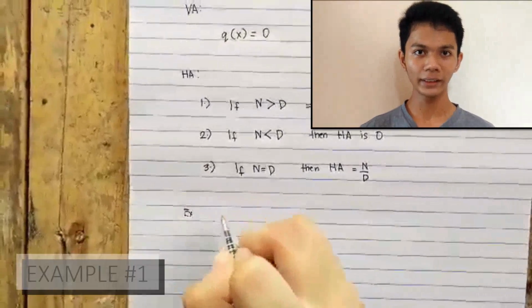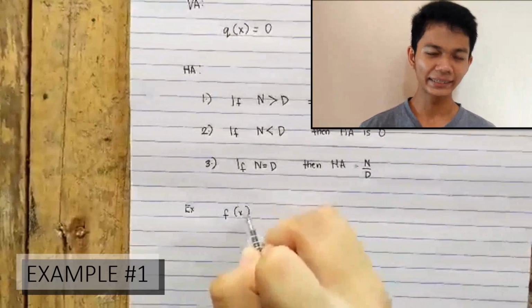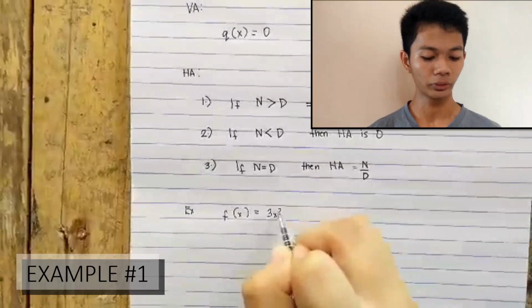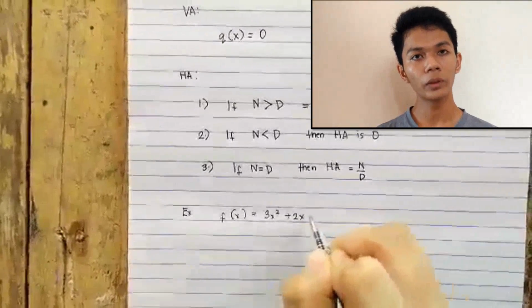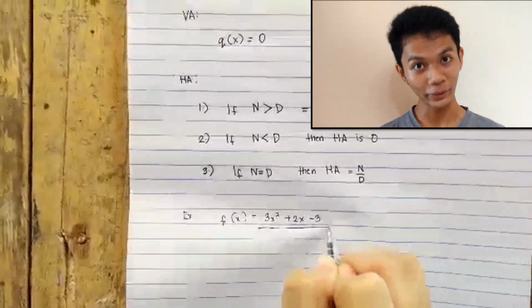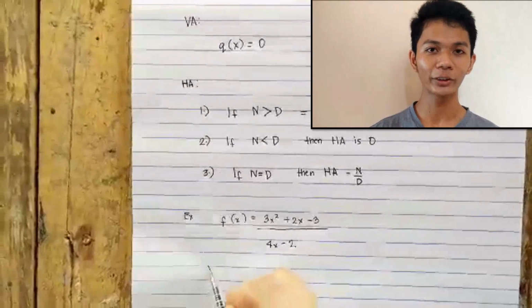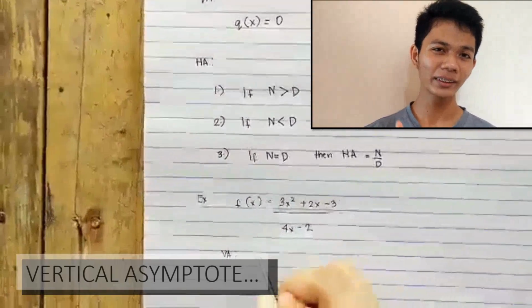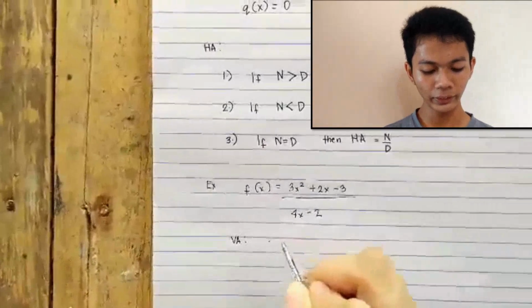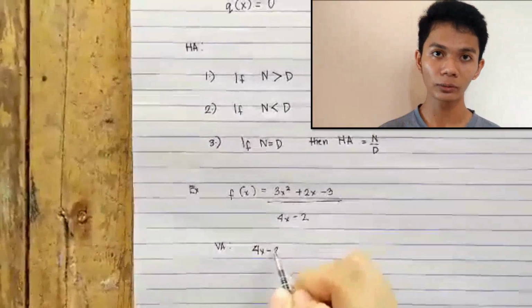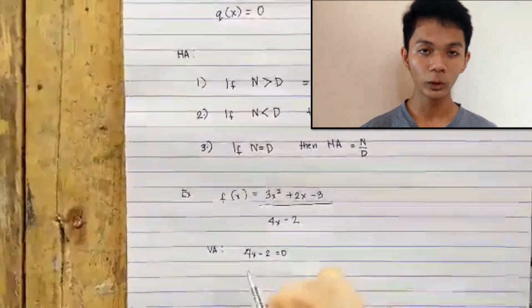Now let's have examples. Let's say that f of x is equal to 3x squared plus 2x minus 3 over 4x minus 2. To get its vertical asymptote, let's equate its q of x, which is 4x minus 2, to 0.